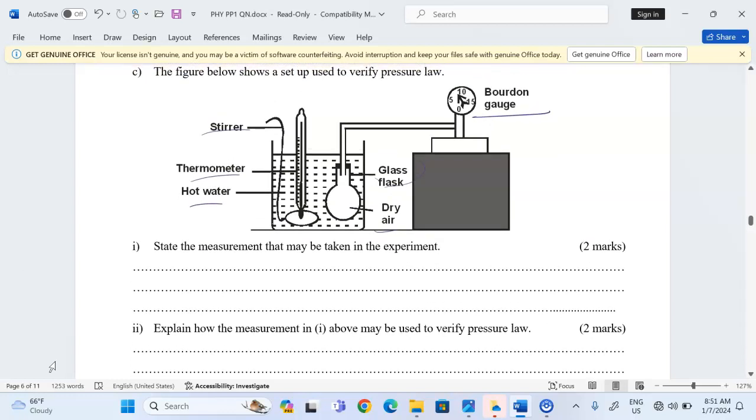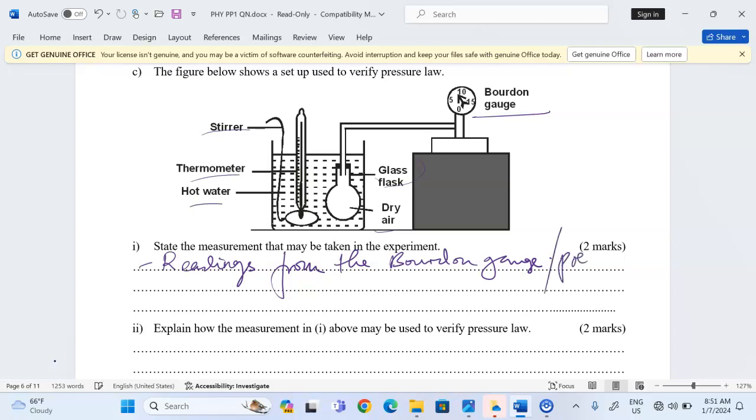Something we may not fail to take is the pressure readings, or readings from the Bourdon gauge.